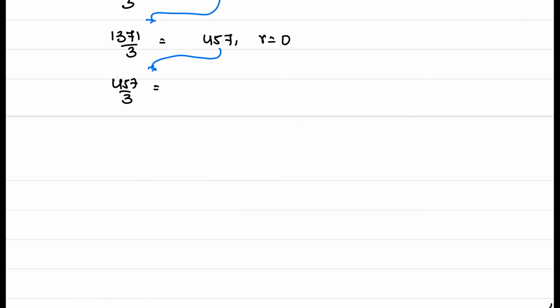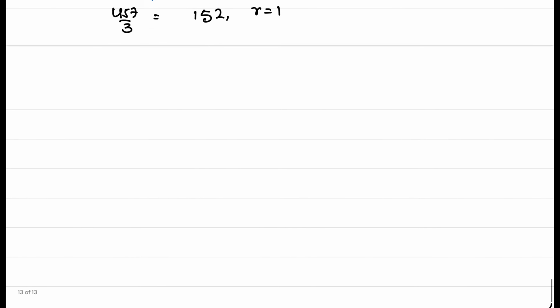Little bit lengthy, but however it is worth doing it. 152. Remainder is 1. Then we will take this 152 and divide by 3, that is equal to 50 and remainder is 2.